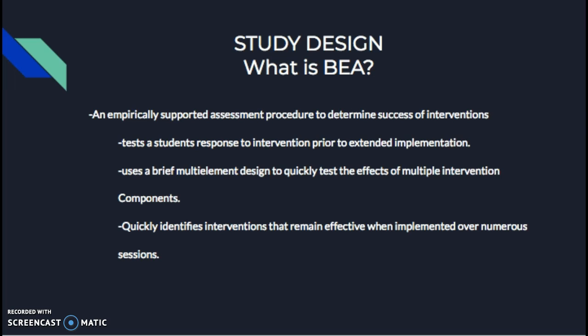It tests students' response to interventions prior to extended implementation. It uses a brief multi-element design to quickly test the effects of multiple intervention components, and it quickly identifies interventions that remain effective when implemented over numerous sessions.